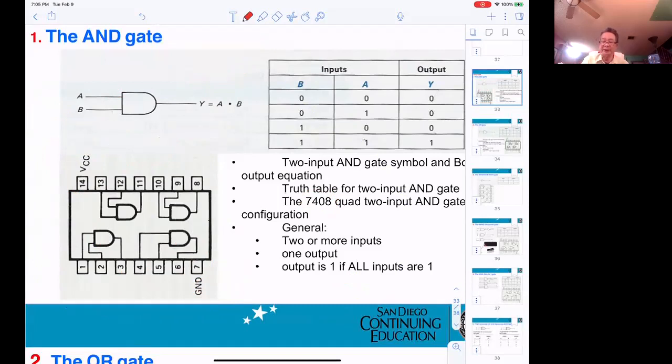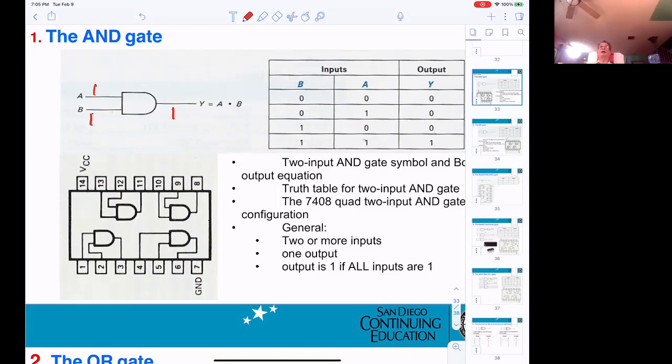Only one thing you need to make sure you understand: the output will be 0 right away if any input equals 0. However, if you get a 1 here and a 1 here, then the output will be 1.